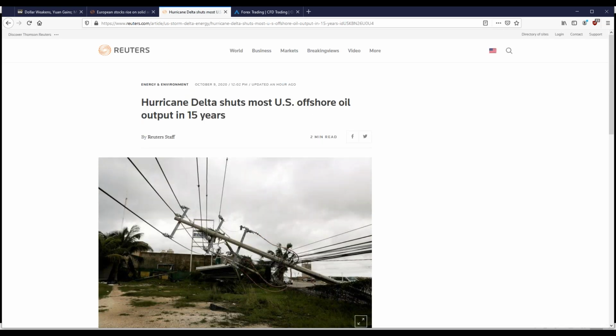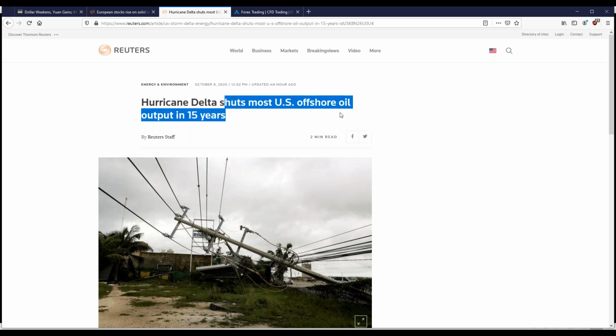If you are paying attention to what's happening in the Gulf of Mexico, where there's a lot of oil rigs, the US has shut down more offshore oil rigs and output than has happened in the last 15 years. So what happens to the price of oil if there's a fear of supply going down?